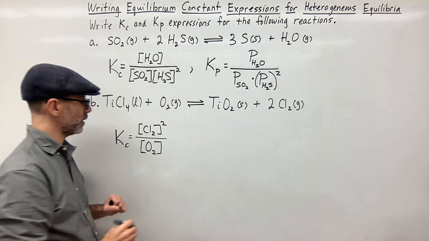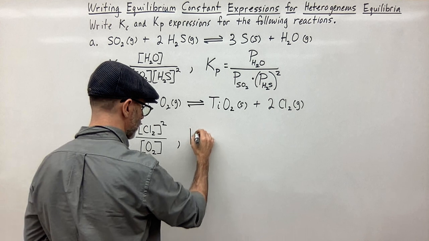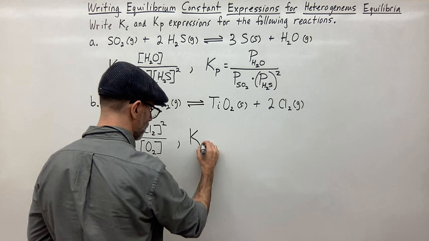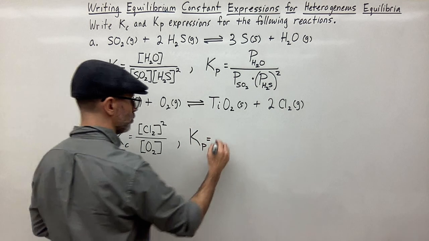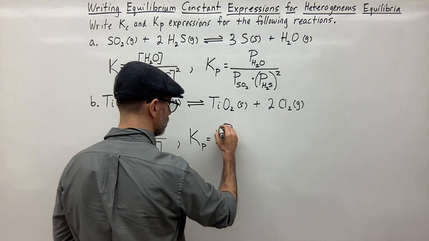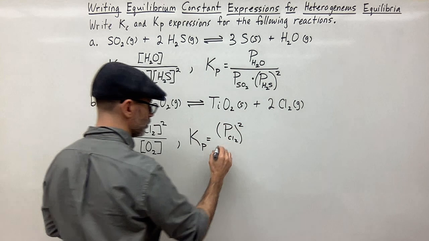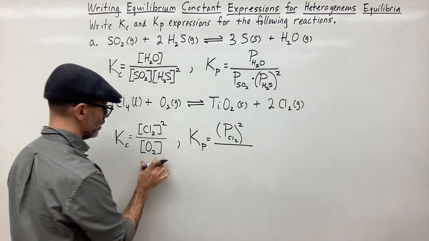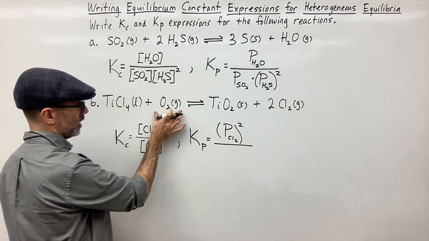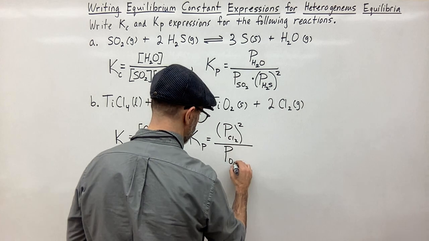And the Kp expression is exactly the same, except now we're dealing with partial pressures. So Kp is going to be equal to the partial pressure of Cl2 raised to the power of 2 over the partial pressure of oxygen, PO2.